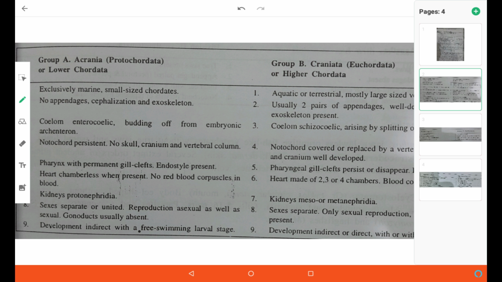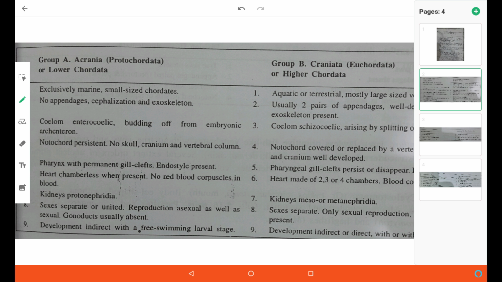Pharynx with permanent gill clefts is present, and endostyle is also present in protochordates, and pharyngeal gill clefts persist or disappear in craniata, whereas thyroid is present in place of endostyle in craniates.